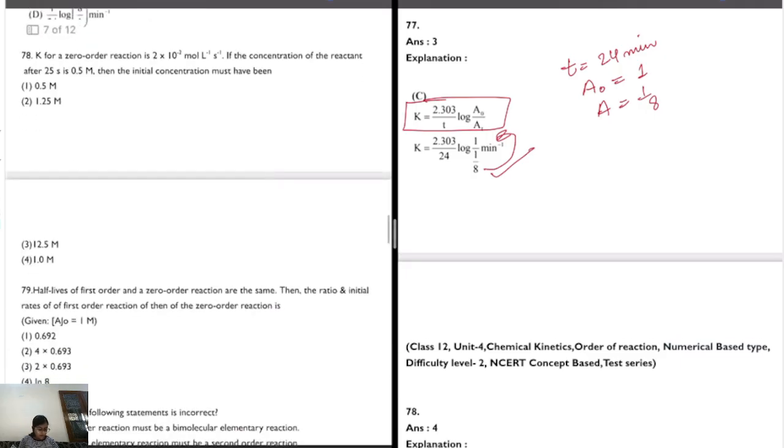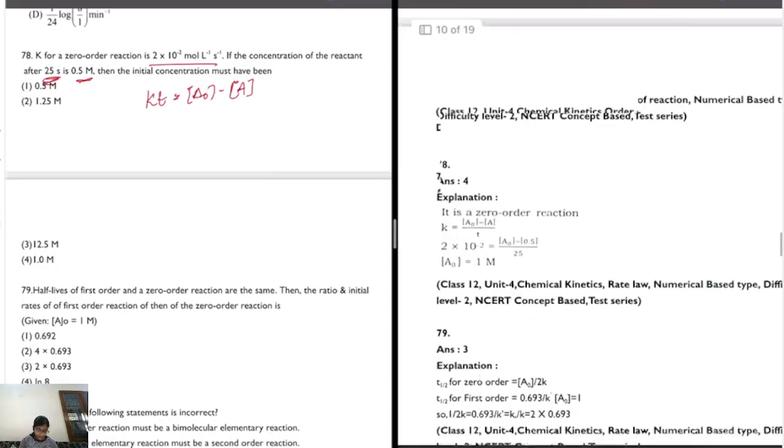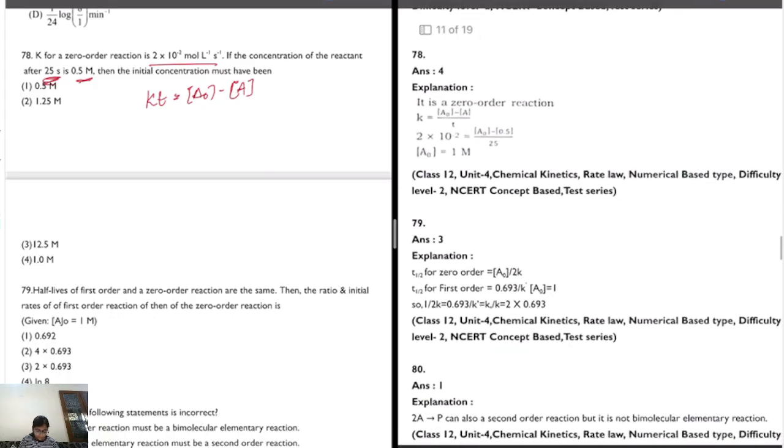In the next question, the rate constant for a zero order reaction is 20 times 10 to the power -2 mole per liter per second. If the concentration of the reactant after 25 seconds is 0.5 molar, the initial concentration must have been. See, for a zero order reaction, what is the formula we use? Kt equals A naught minus A. Alright. So here you'll see it can be rewritten as this.